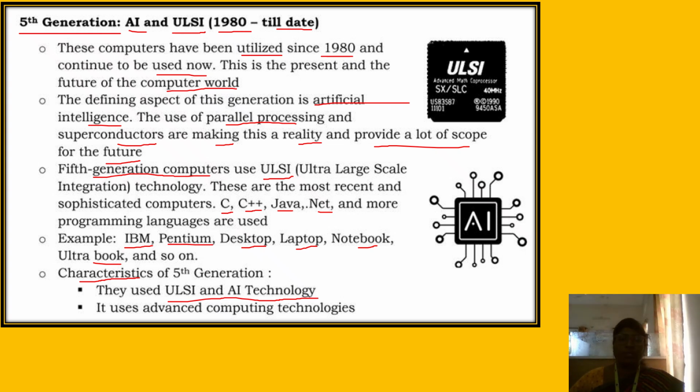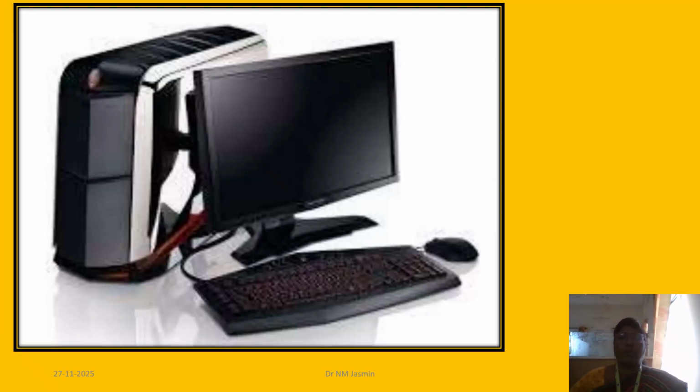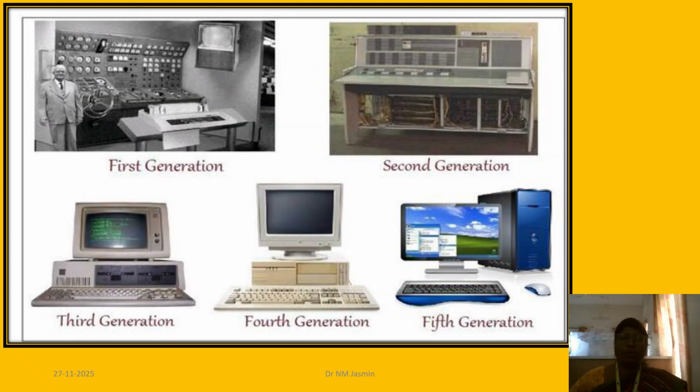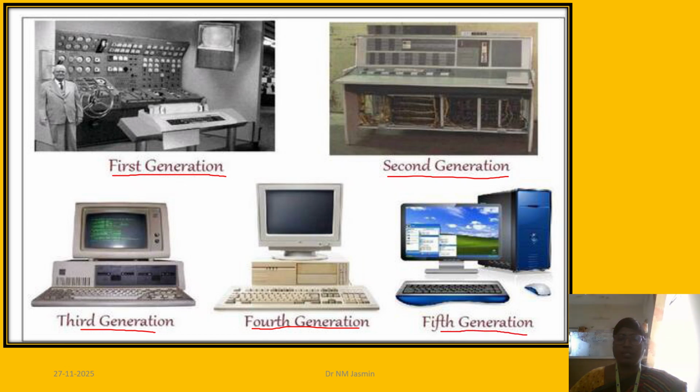I can say it uses advanced computing technologies. This is the best example of the fifth generation computer. So this is the first generation computer, this is the second, this is the third, this is the fourth, and this is the fifth generation computer.